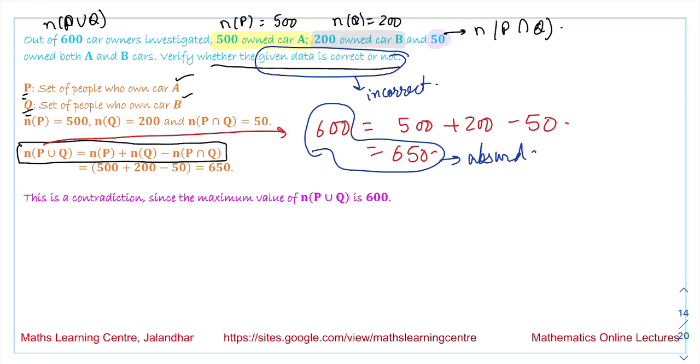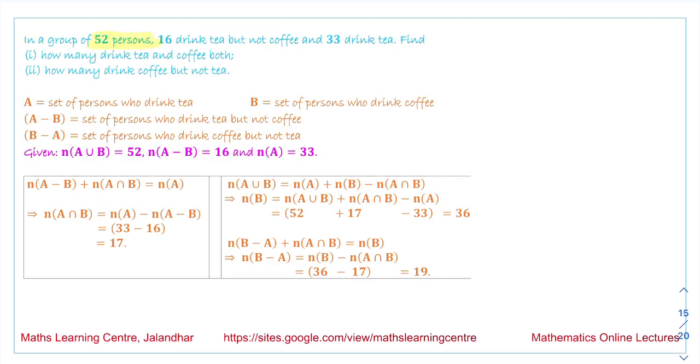Now the next question we have is, in a group of 52 persons, 16 drink tea but not coffee. Suppose A is the set which represents the persons who drink tea and B is the set of persons who drink coffee. The total number of persons is 52, so the number of elements of A union B is 52.